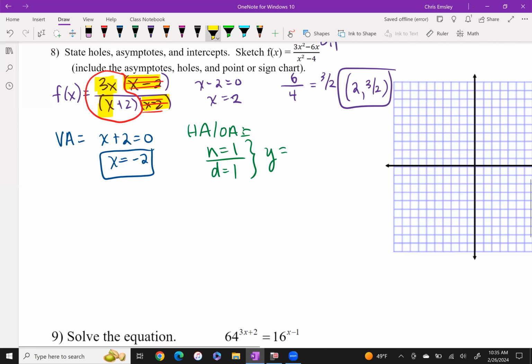So we end up with here 3/1, the coefficients. So we have a horizontal asymptote at y equals 3, and that means no oblique asymptote. One or the other, not both. So we have a horizontal asymptote at y equals 3. Next up, we will look at our intercepts.